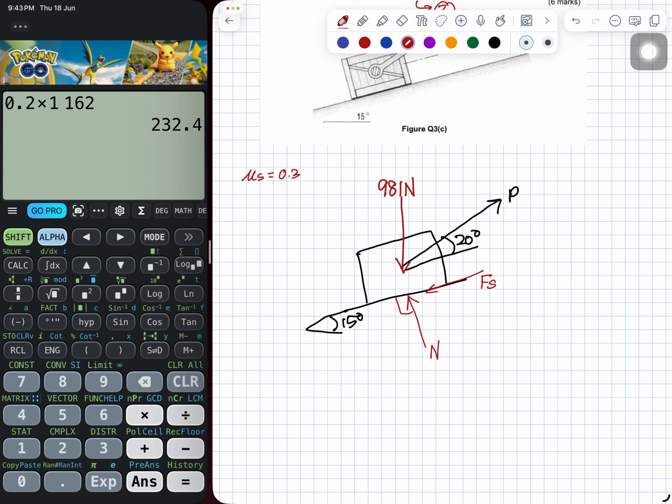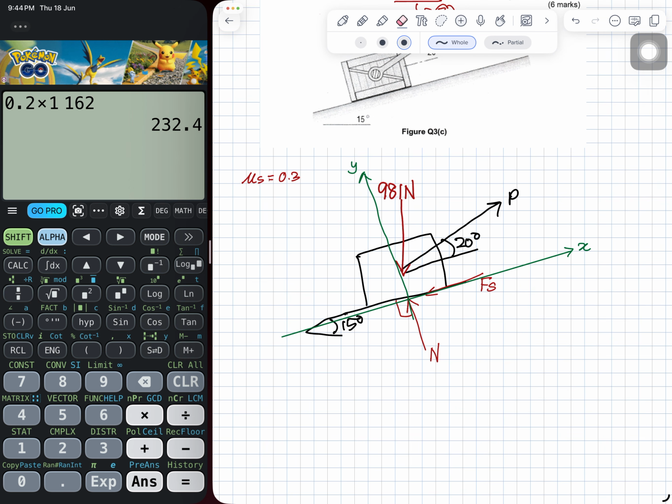As I told you before, for this situation with the inclined surface, we need to rearrange the axis. So we have to use this new axis, X and Y. With this axis, it's much easier for us to calculate.